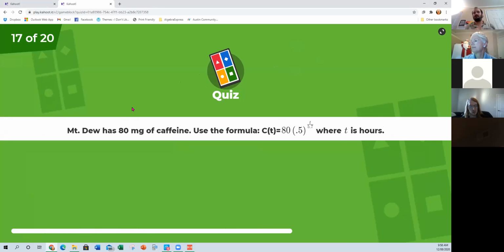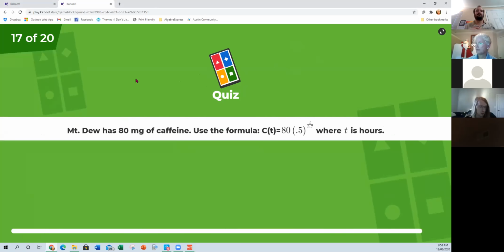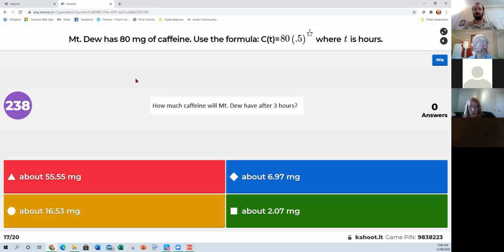I just totally made this up. I have no idea how much caffeine Mountain Dew has. I think it's more than 80. 100 milligrams is about a cup of coffee. Mountain Dew is packed with caffeine compared to the other sodas. Yeah, it is. I hate Mountain Dew, and I don't like Big Red. I don't like any of those high caffeinated drinks.